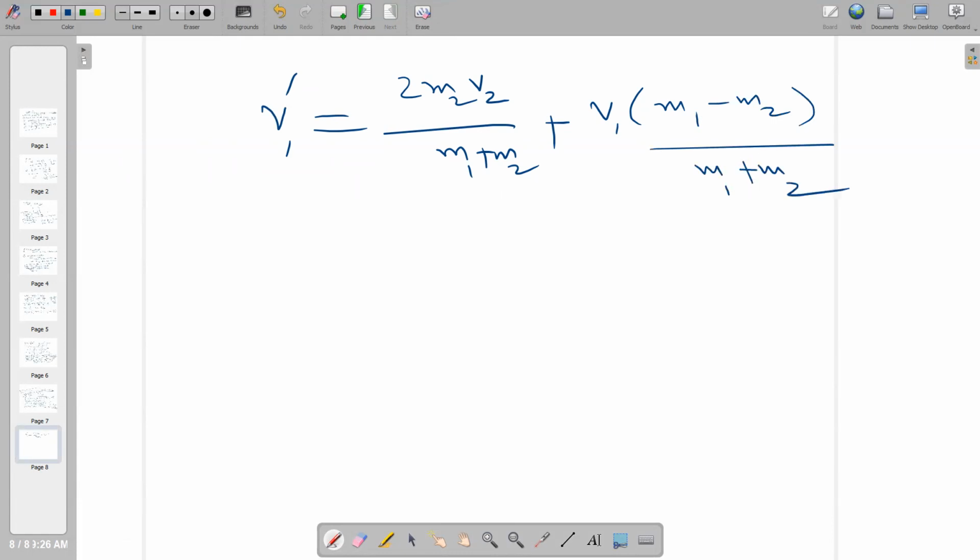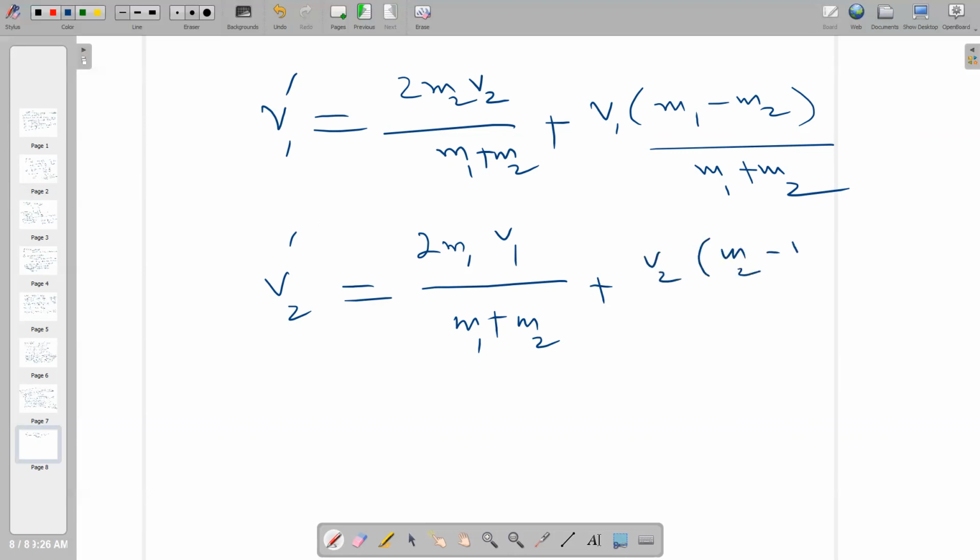This is our first equation. Now I'm writing the second equation. If I find the v2 dash value after solving, I will get 2m1 v1 over m1 plus m2 plus v2 into m2 minus m1 over m1 plus m2.